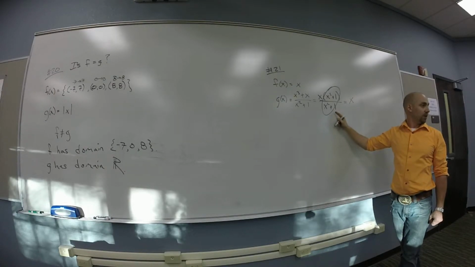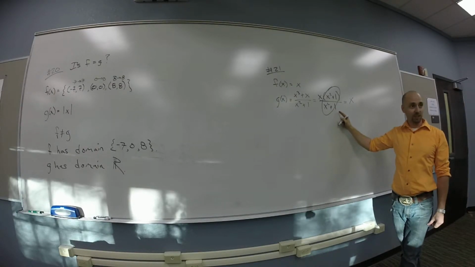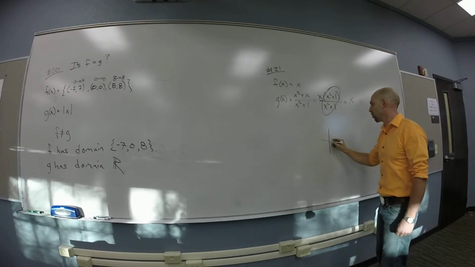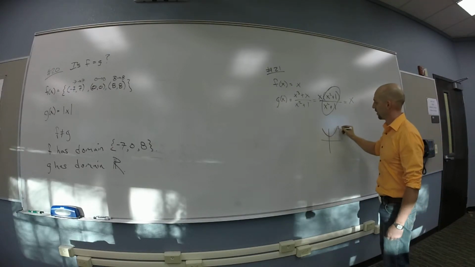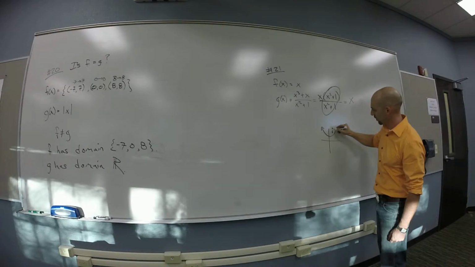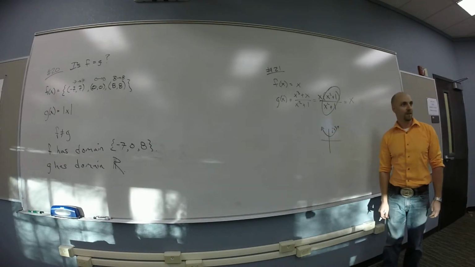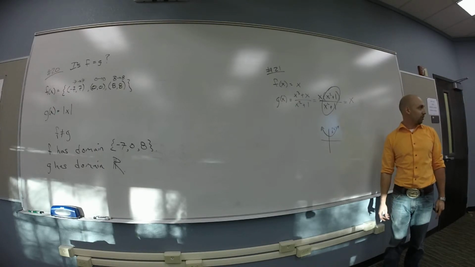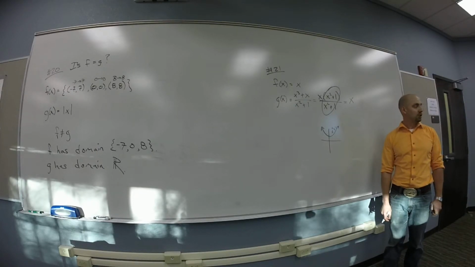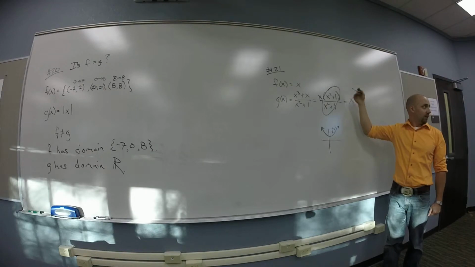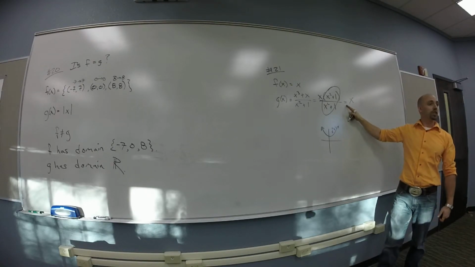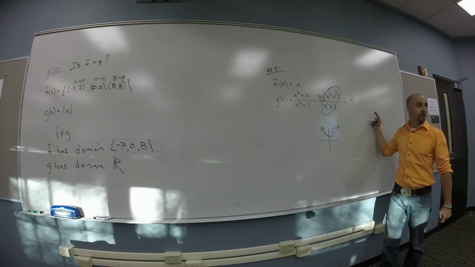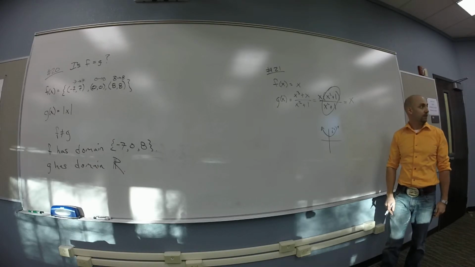It doesn't have a 0. If I thought about x squared plus 1 as a parabola, it looks like this. It doesn't have any zeros. So there's no division by 0 concern here. So when I cancel these, it actually is equals here with no caveats or addendums.